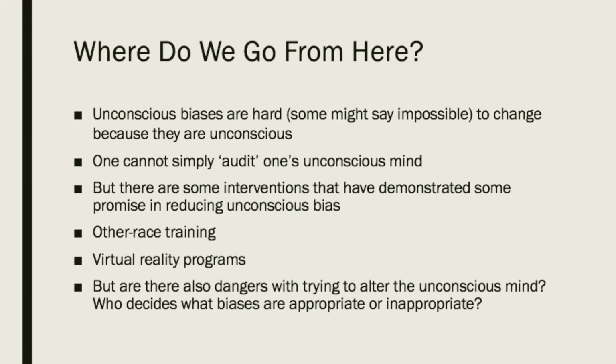Researchers have carried out interventions known as other race training, some of which have been shown to reduce implicit bias. Other race training means the subject is made to imagine that he or she is a member of another race, thereby gaining empathy for members of the outgroup and thus reducing unconscious bias.